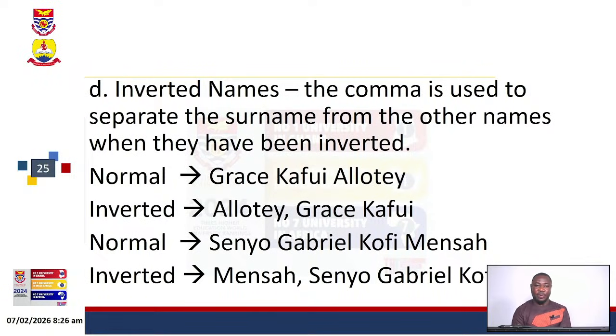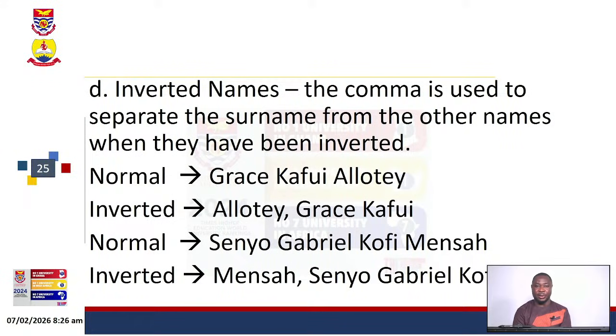There is a fourth use of the comma, and this happens with inverted names. The comma is used to separate the surname from the other names when they have been inverted. The normal arrangement, for instance, is Grace Kafui Alote, because Grace is the first name, Kafui is the middle name, Alote is the last name.